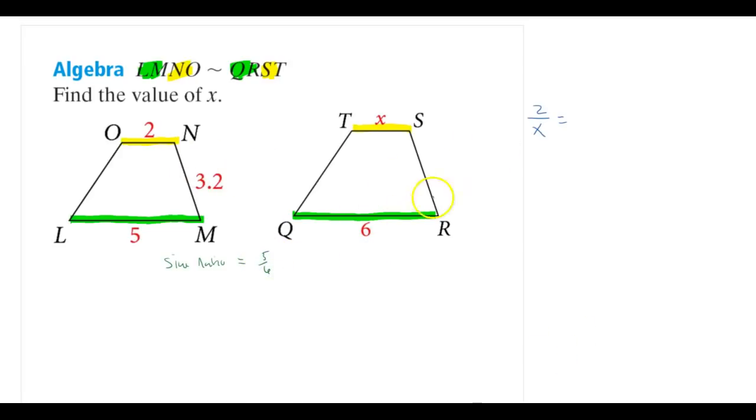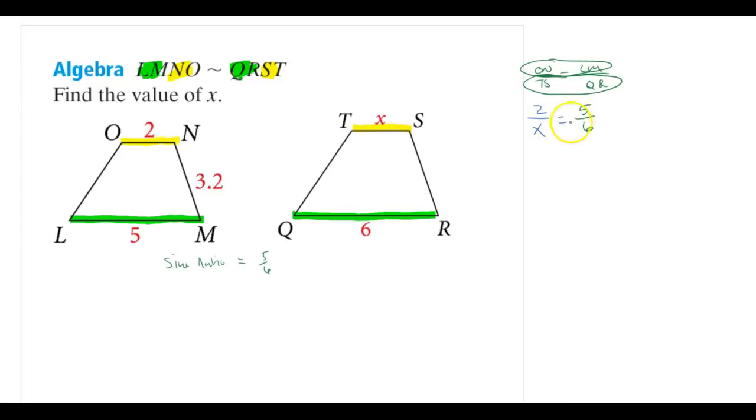Now notice here, I said ON to TS should equal LM to QR. Notice, I kept these sides from the same polygon. These sides are from the same polygon. So when I write this, it has to be 5 to 6.